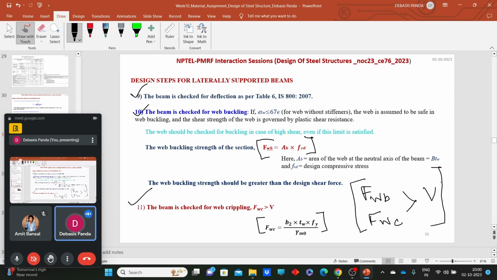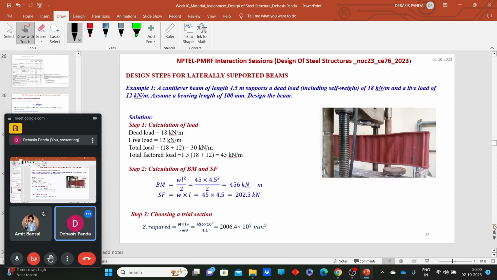So let's quickly go through one example here. Example one says that a cantilever beam of length 4.5 meter supports a dead load, including the self weight, of 18 kilonewton per meter. So we need to design a cantilever beam, which is subjected to a load of 18 kilonewton per meter, and the length is 4.5 meter.